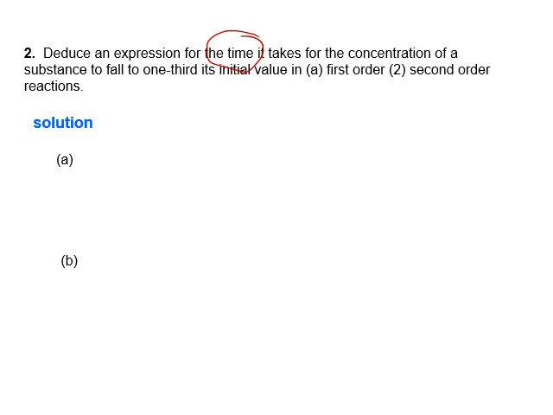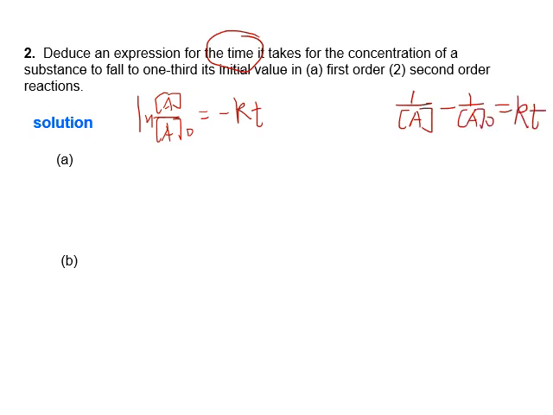For the first order reaction, the integral rate law should be ln A over A naught equals negative Kt. For the second order reaction, it's the inverse A minus inverse A naught equals Kt.